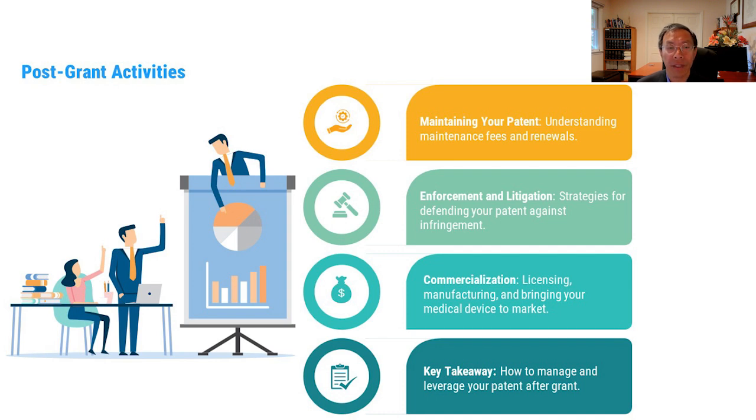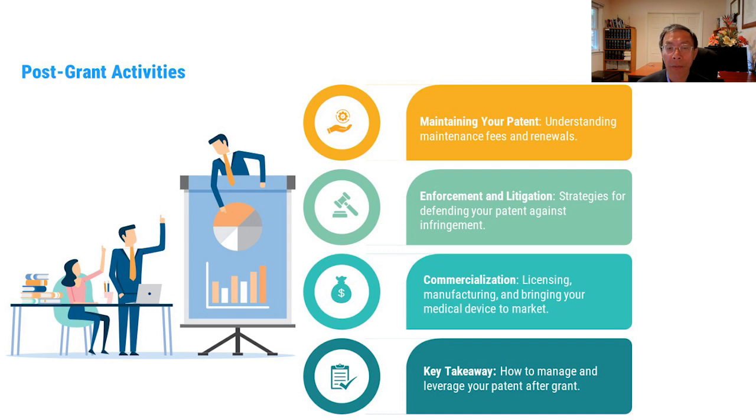The other activities include surveilling the market. So you need to monitor the market for potential infringement. Your salespeople can keep a vigilant eye on competitors to see if they are using similar technology or products that your patent covers.